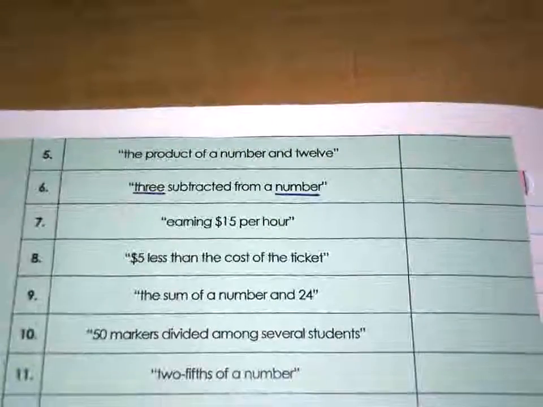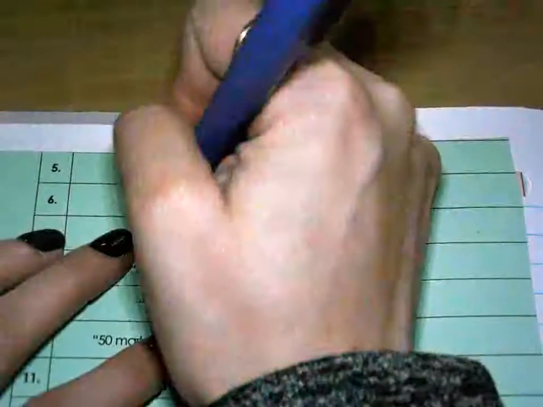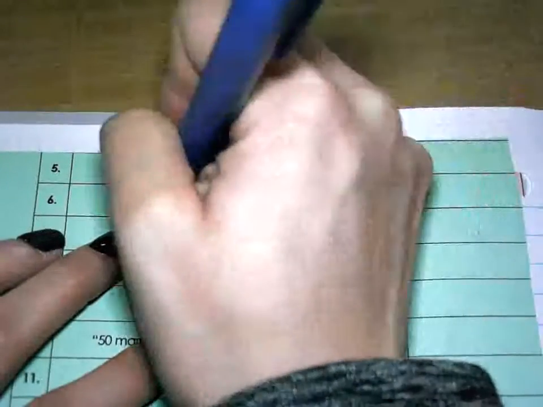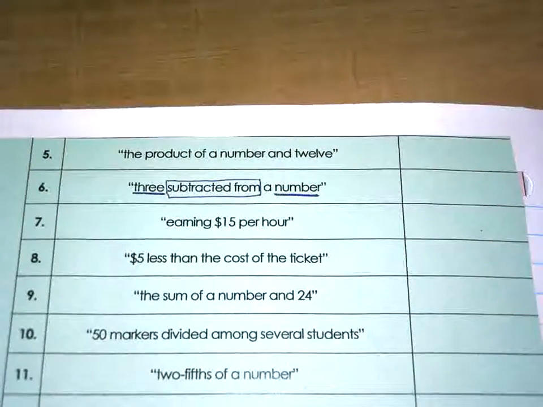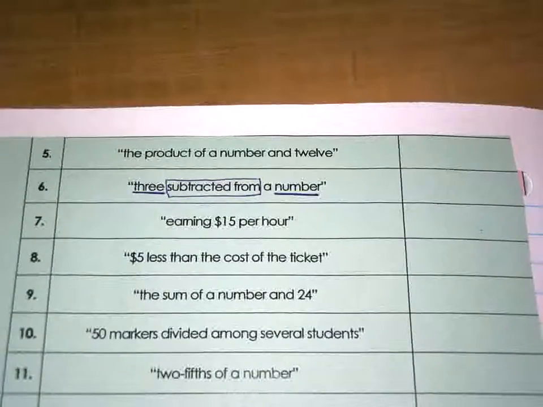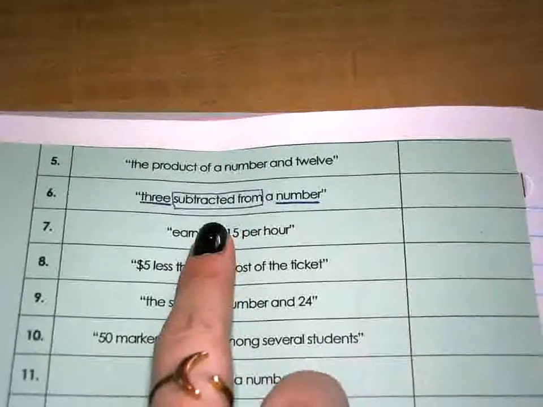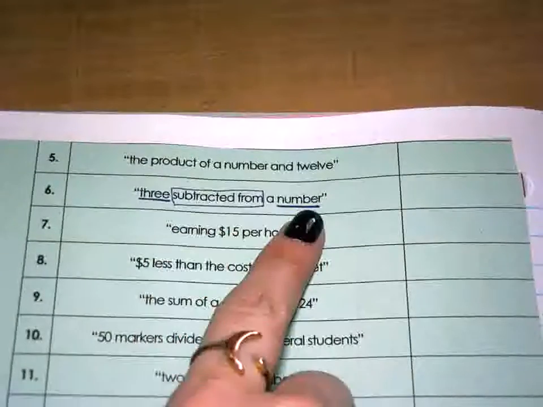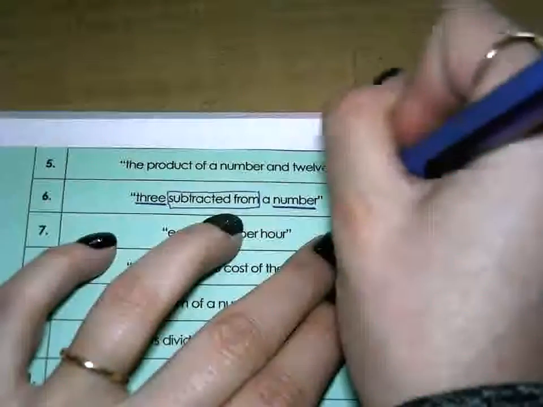And what should I circle in this one? Okay. Now, do you guys remember the last couple problems we've done? We've read it and we wrote it exactly as we read it, right? Yes. So how would I have written this one? 3 minus x. We would write 3 minus x, right?